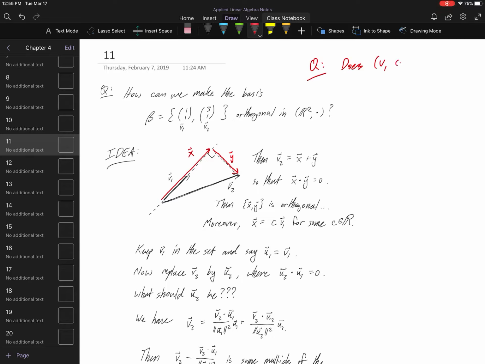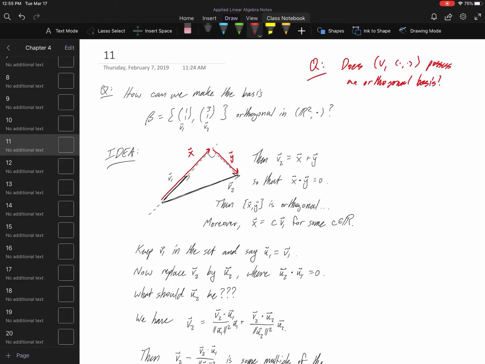What we really want to ask is, does an arbitrary inner product space possess an orthogonal basis? We would really like to answer this question. Is it even possible to construct something?